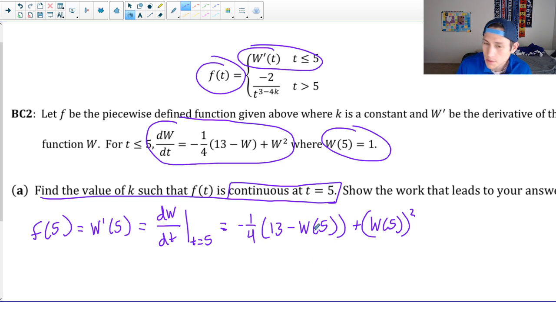Okay, so this is not w times 5. This is w of 5, because we already know what w of 5 is. It's 1.